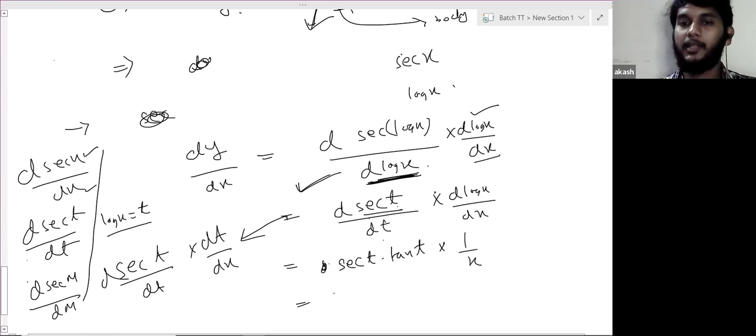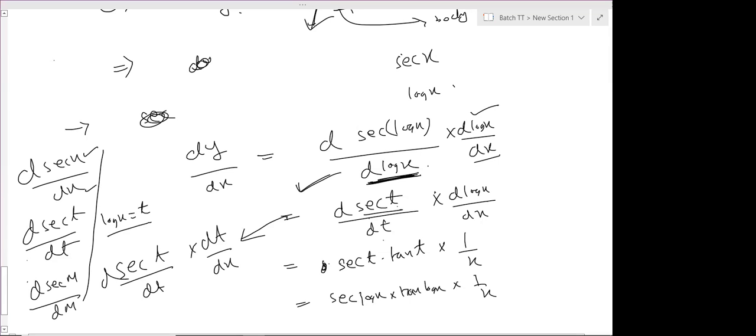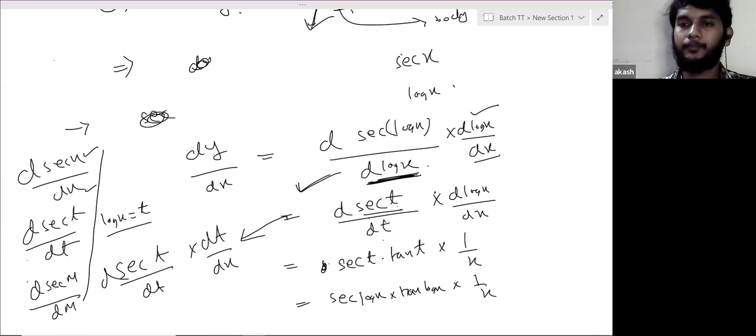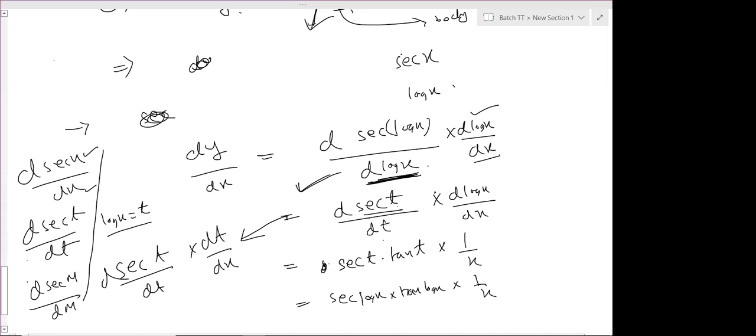Now put the value of t as log x. So sec of log x into tan of log x into 1 upon x. This is clear, Kinza? Yes, sir. All right. Sahel, this is clear? Clear, sir.